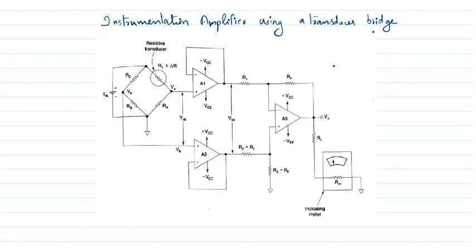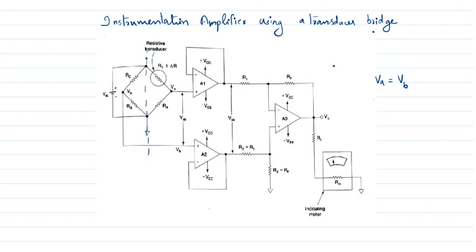We know the bridge is balanced when VA equals VB. That is the main condition here. So the reference condition is VA equal to VB, that is, both voltages will be the same when the bridge is balanced. For this we mainly consider two circuits, making it exactly two halves.